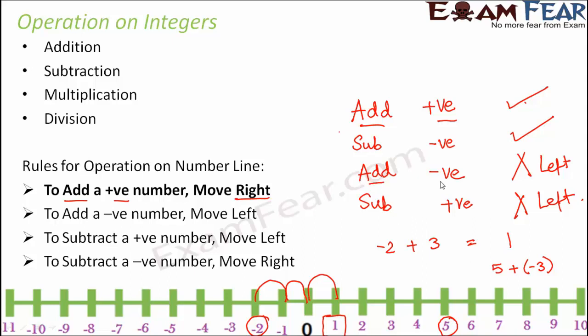So when you add a negative number, you move towards left. So from 5, you will start moving towards left. How many steps? 3 steps. So 1, 2 and 3. So where have you reached? You have reached 2. So this proves that 5 plus -3 is equal to 2. So in this way, we will be able to perform addition or subtraction on integers.